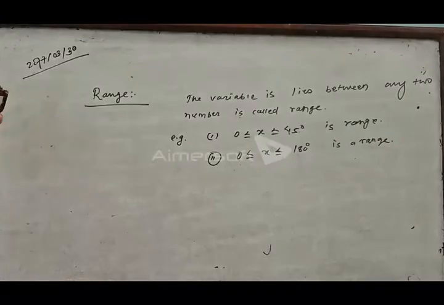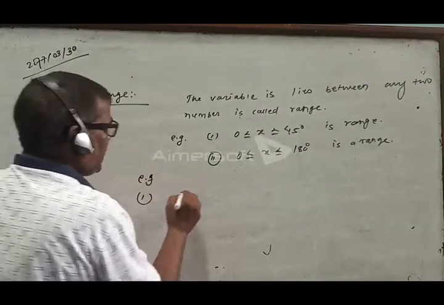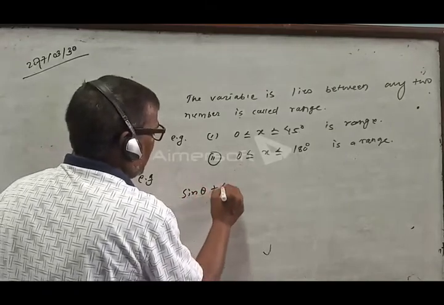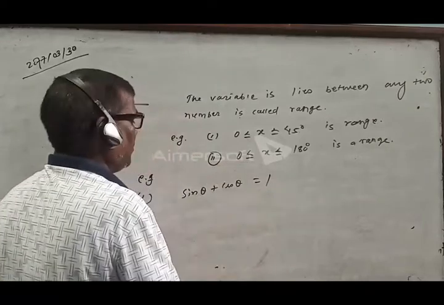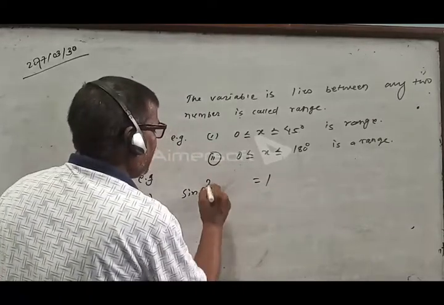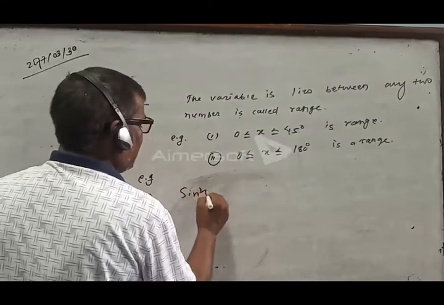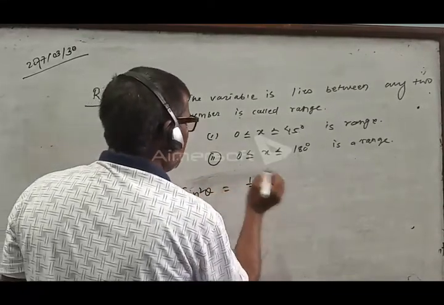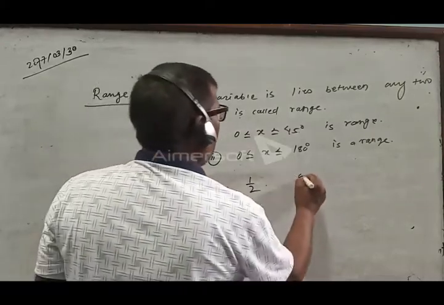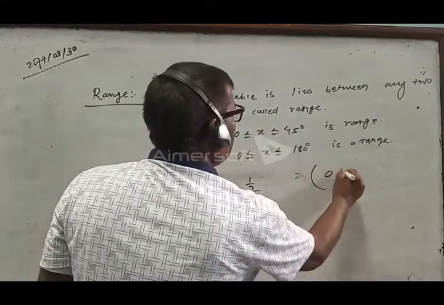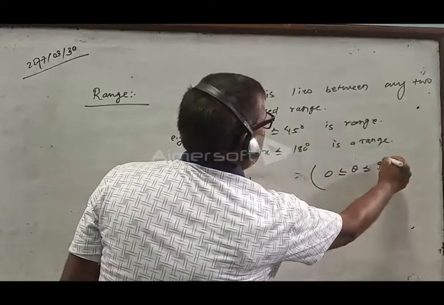As for example, sin theta plus cos theta is equal to 1. Solve this equation. Or sin square theta is equal to 1 by 2. This means sin theta is equal to plus minus 1 by root 2, with 0 less than or equal to theta less than or equal to 90 degree.